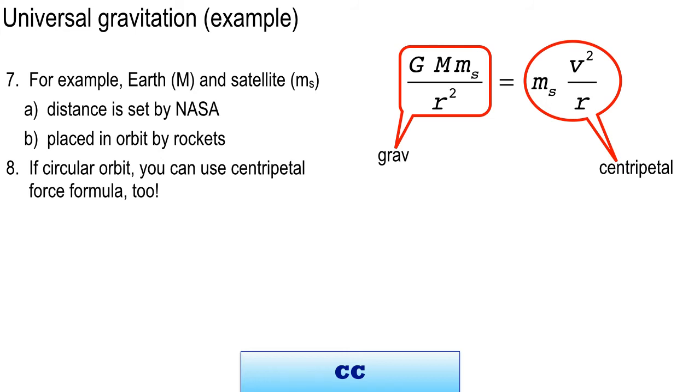All right, here we are. G capital M times m subscript s divided by r squared. And on the right side, m subscript s, the mass of the spacecraft, times its centripetal acceleration. So this is the centripetal acceleration it needs to stay on this orbit of size r. So r is the orbital radius.